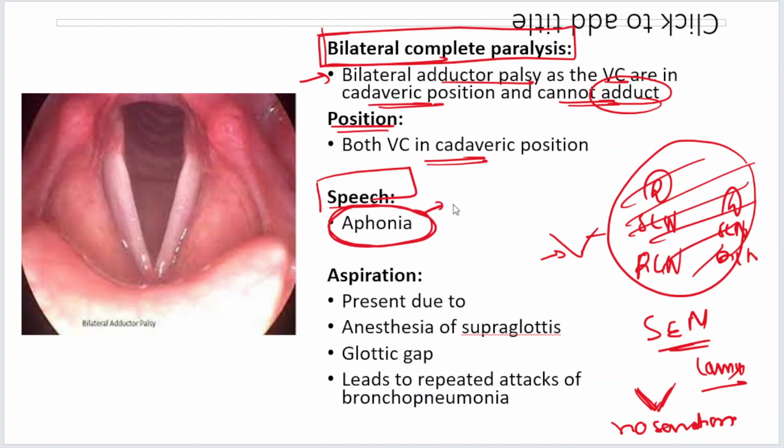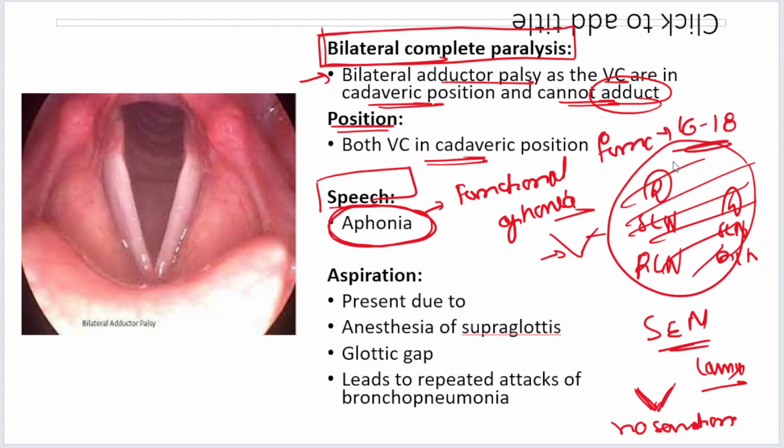How do you differentiate this from functional aphonia? Functional aphonia is when a patient comes to you, mostly young females in the 16 to 18-year-old age group, saying that they are not able to speak for the last 24 hours. He's not speaking at all. But when you ask the patient to cough, the patient can cough. For cough, what is important?